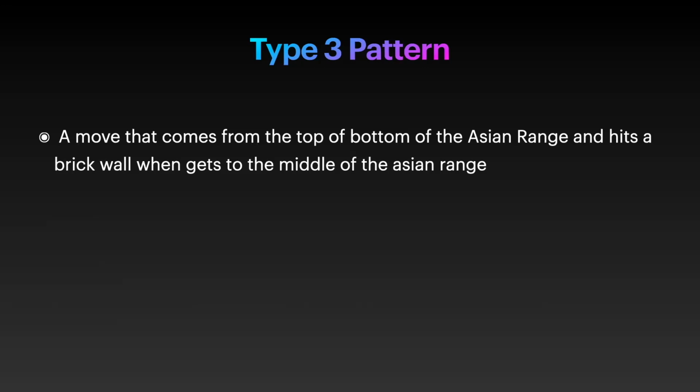And you're kind of looking at price action like, why did it stop? You got a huge engulfing candle, and then all of a sudden it just stops for no reason. But there's a reason.